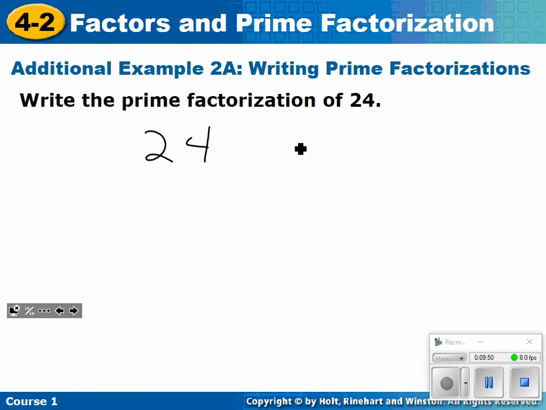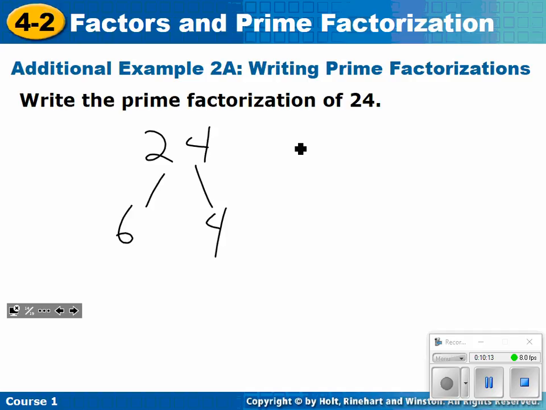Okay? Give me 2 numbers, any 2 numbers besides 1 and 24, that you can multiply together to get 24. 6 and 4. Are any of those two numbers prime?